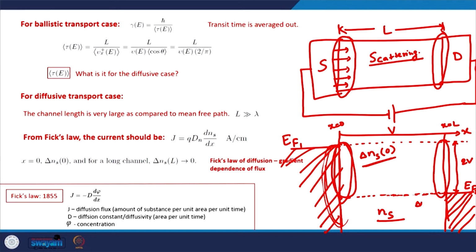So, we will have some excess electrons, delta Ns L, at the drain end as well.